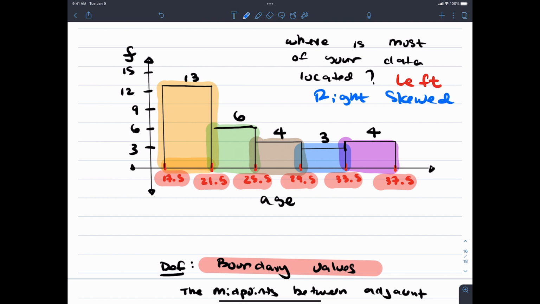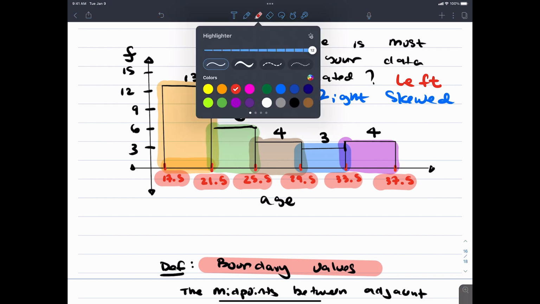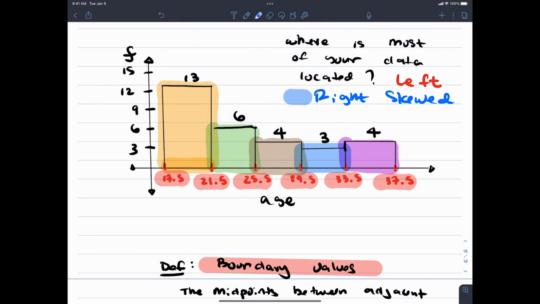So I want you guys to understand that idea. Even though most of the data is on the left, we say, oh, it's right skewed. It's kind of like, there's not enough data on the right. So this is a picture of what we call what? Right skewed data. Your data is right skewed. All right, easy breezy, lemon squeezy.